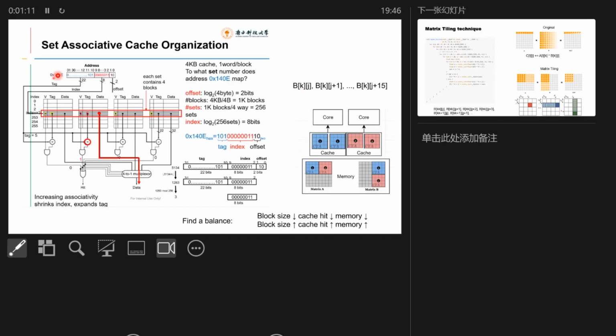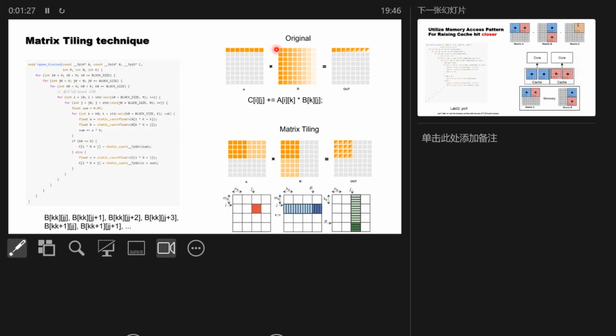However, in the real world, we have a cache inside our CPU. If you have learned computer organization, you will know that the CPU will load the data that is nearby in the memory into the cache. So if we analyze this program, we will find that the memory access pattern is not efficient.